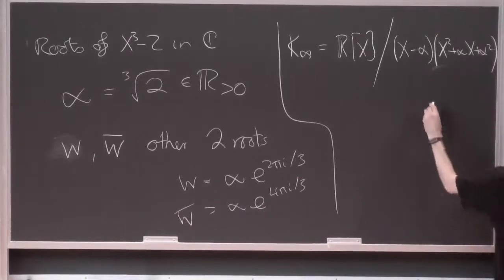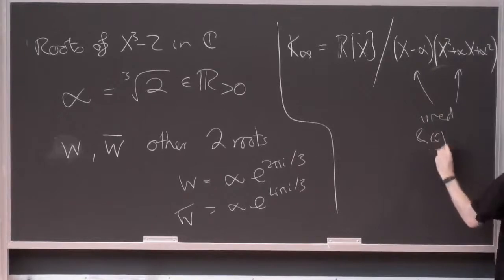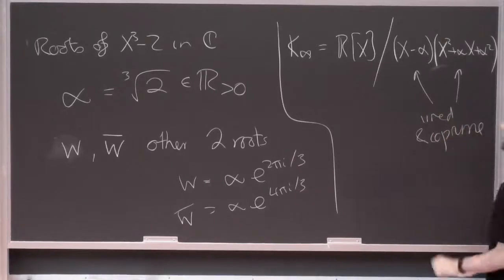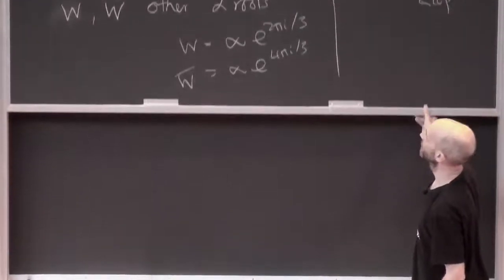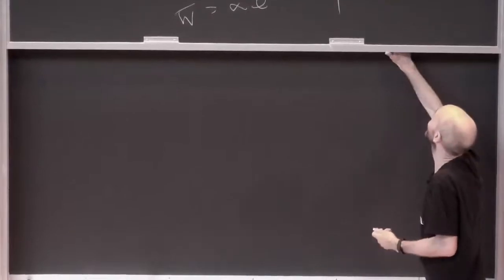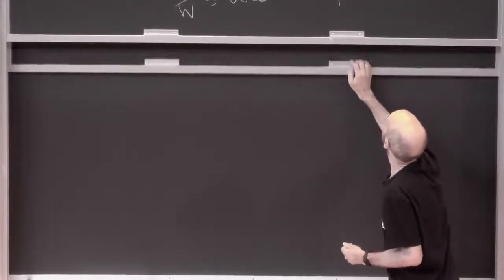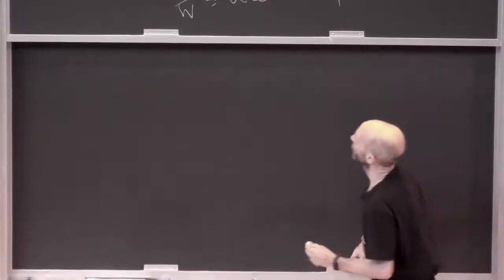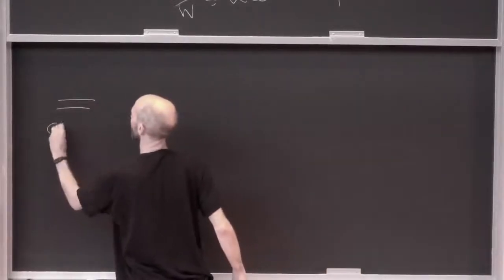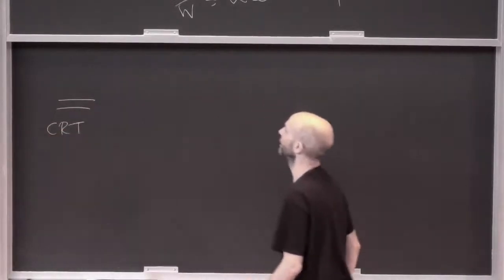And both of these polynomials are irreducible, and they are co-prime, because they're irreducible and distinct. So by the Chinese remainder theorem, by the fancy version of the Chinese remainder theorem, to give a number modulo x times y is the same as to give a number modulo x and a number modulo y.